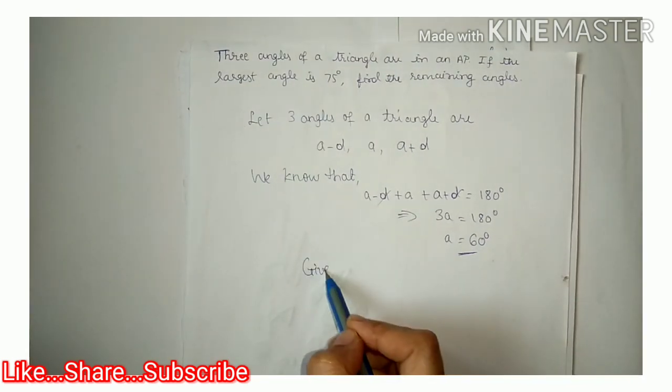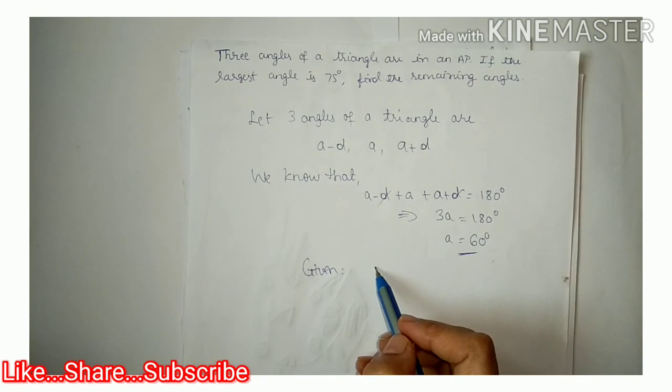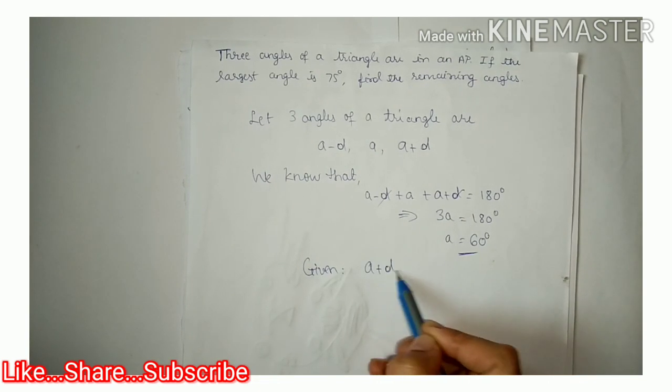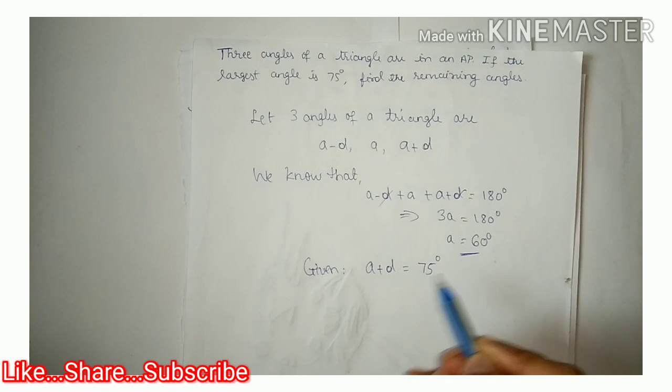Given the largest angle is 75 degrees. Therefore A plus D is 75 degrees.